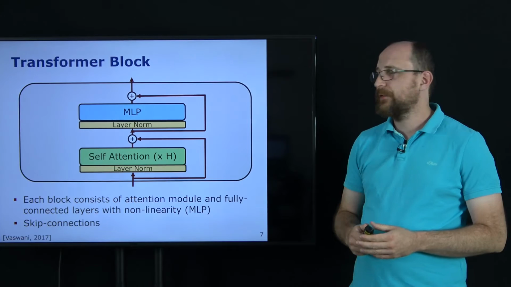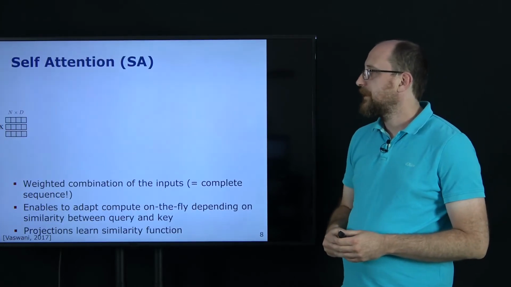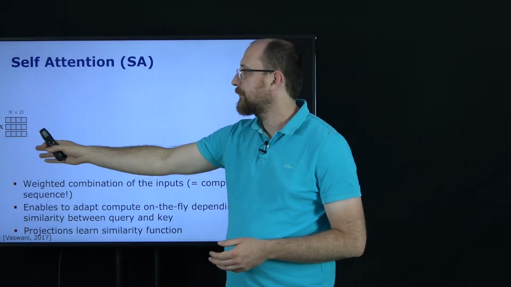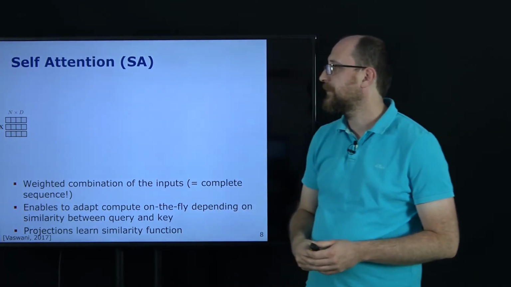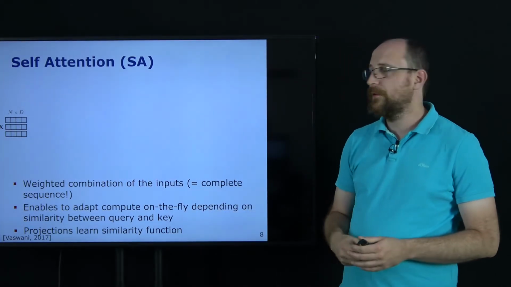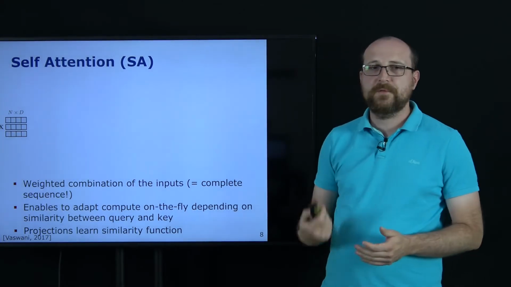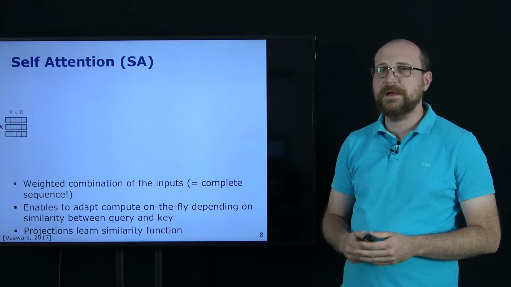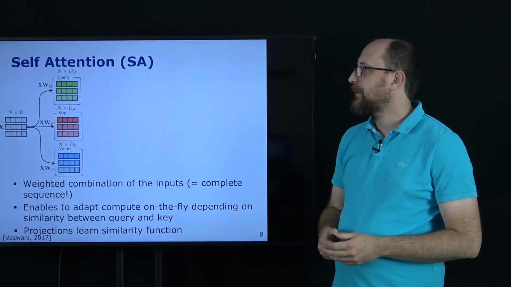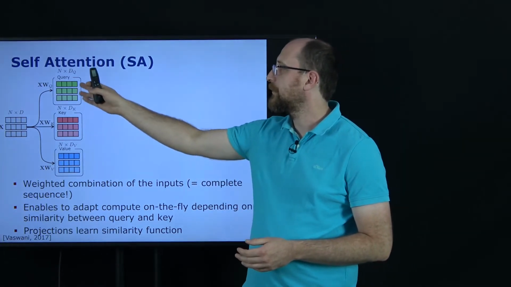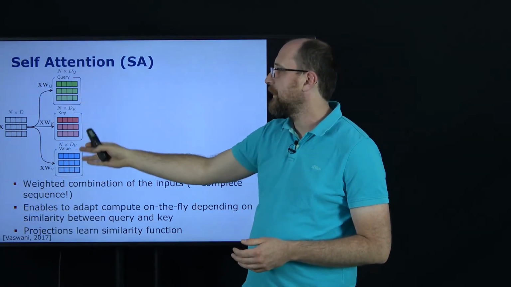How does it work? We have here represented our input sequence. So we have n tokens, and these are d-dimensional. So we have in this case 3 tokens of dimension 4. These are first fed through a linear layer, so that we produce transformed sequence tokens for the query, the key, and the value.